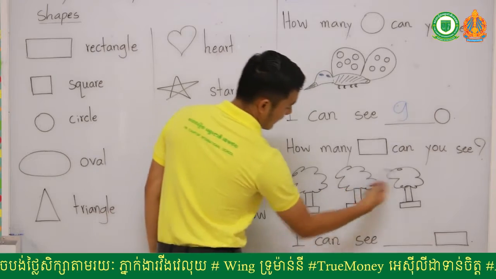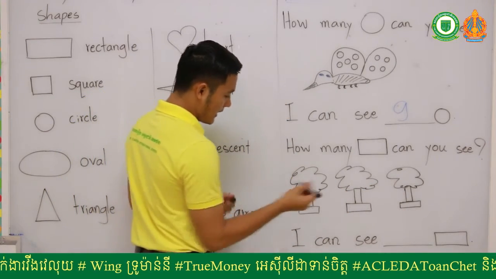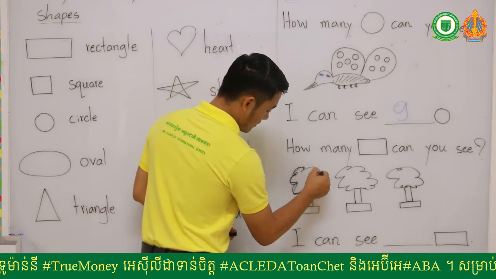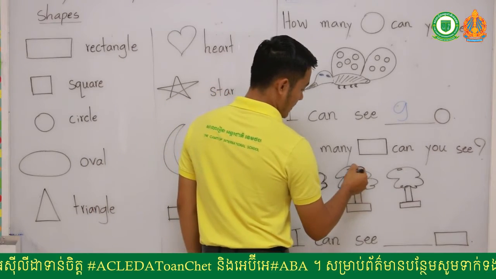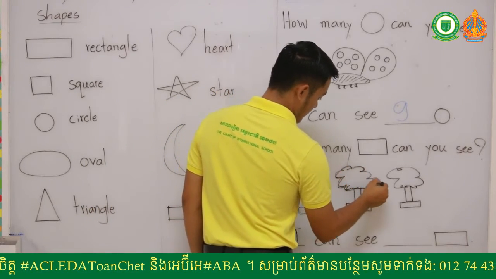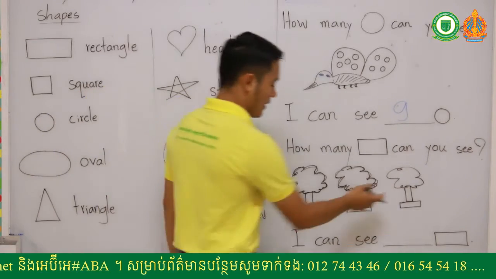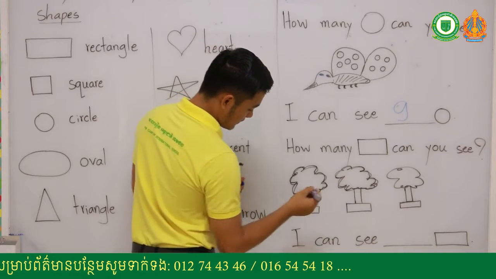So over here there are some trees. Okay, some trees. But here, look at here. Is this the rectangle? No, right? This one is the rectangle? No, right? No. Okay, this one is the rectangle. This one is the rectangle. You see here?